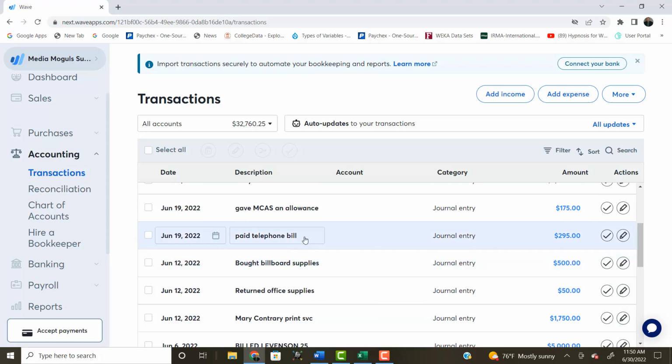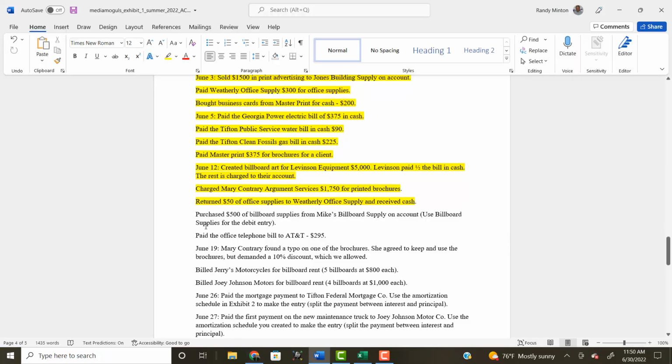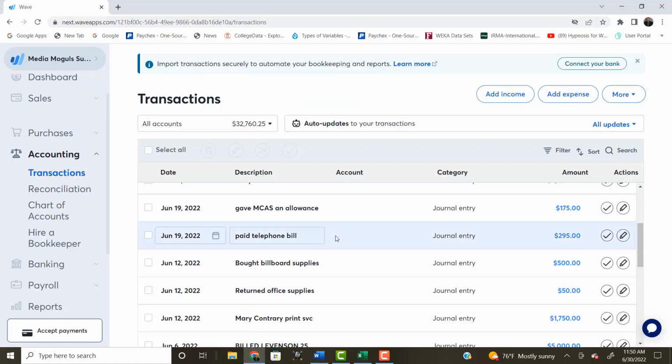Okay, the next one, paid telephone bill. So after I highlight this as having done it, paid the office telephone bill $2.95, AT&T. Again, what you're going to do is come up here and hit more and add a journal transaction. I already did it.